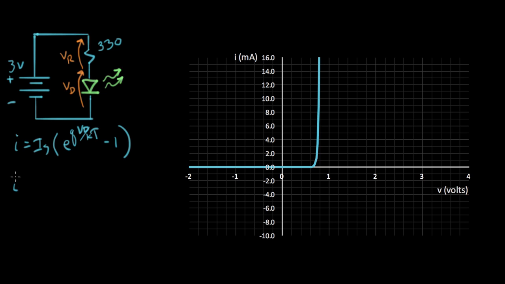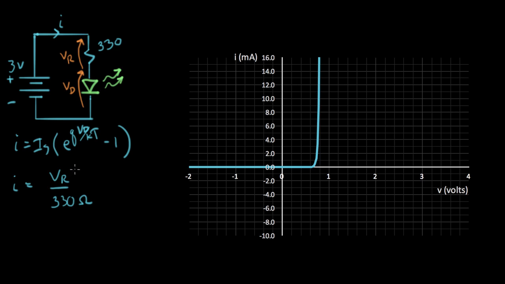And the corresponding equation for the resistor is I equals V resistor over 330 ohms. That's just Ohm's law for the resistor. And I, in both cases, is this I right here. Now, if I wanted to, I could set these two expressions equal to each other and solve somehow for VD and VR.